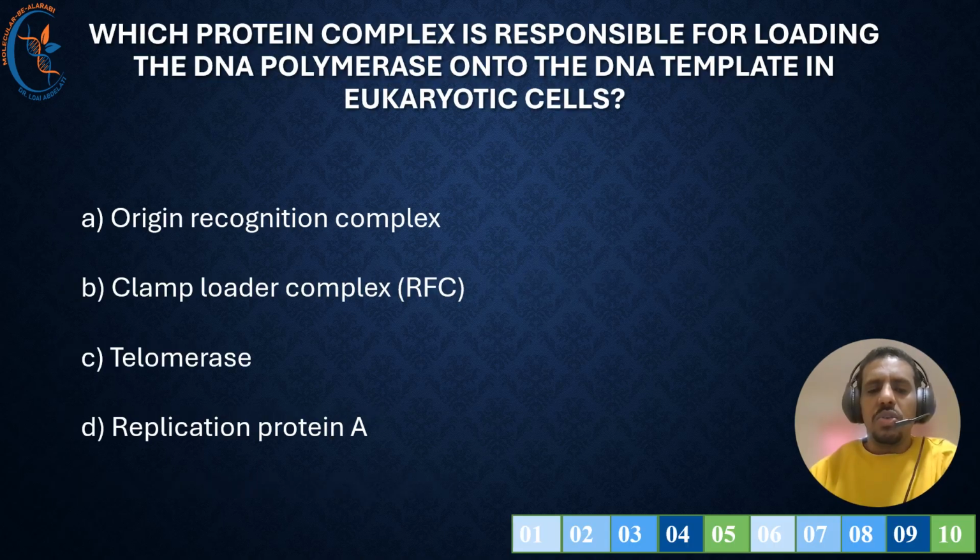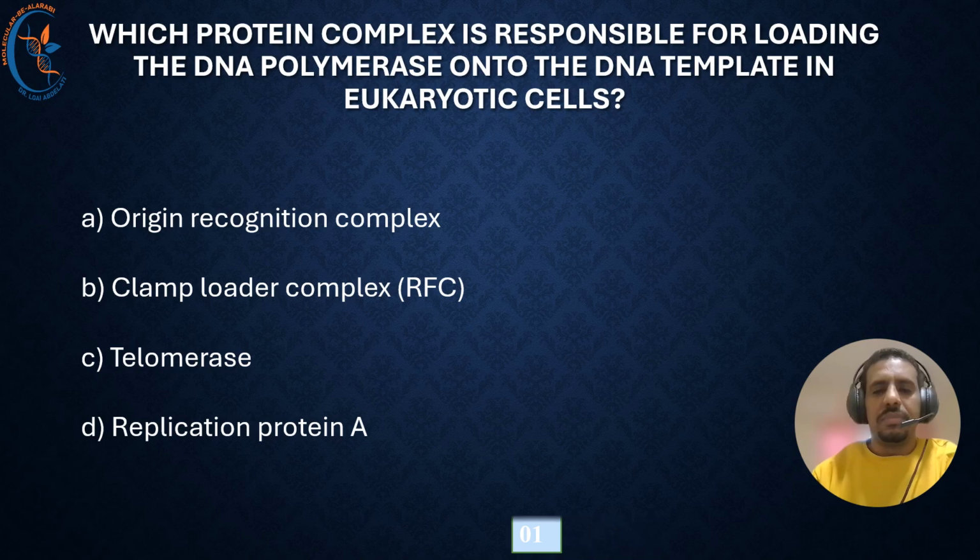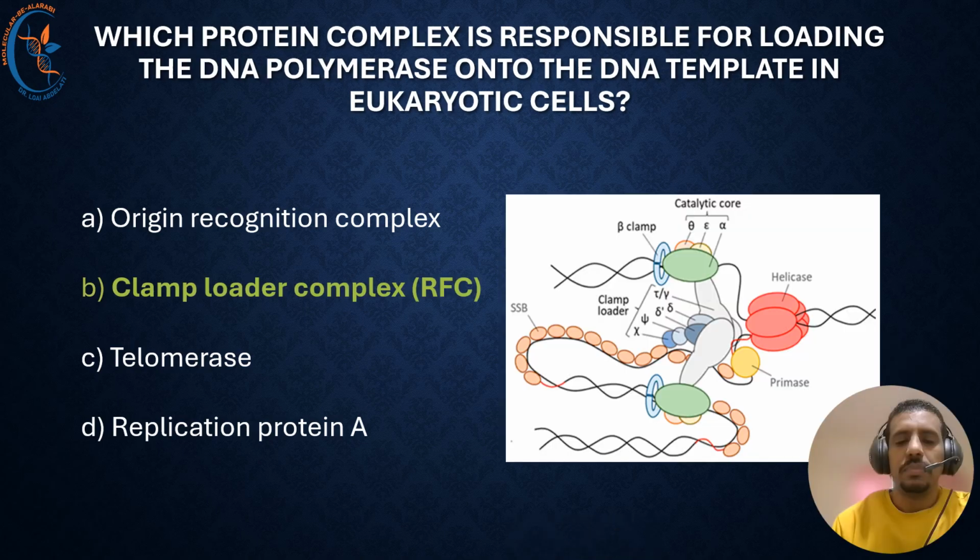The next question is, which protein complex is responsible for loading the DNA polymerase onto the DNA template in eukaryotic cells? The correct answer is clamp loader complex.